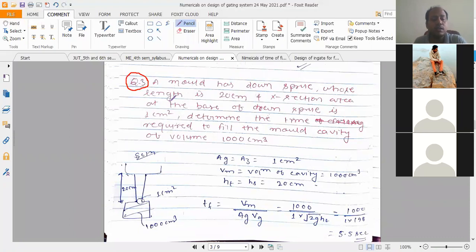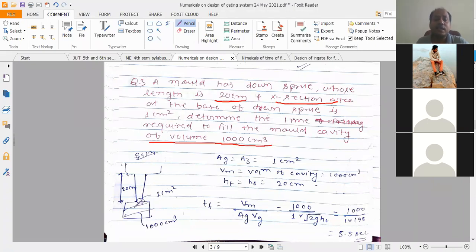So the third question is, a mold has a down sprue whose length is 20 centimeter. स्प्रू का हाइट दिया हुआ है 20 सेंटीमीटर का. The cross section area at the base of the down sprue is 1 centimeter square. स्प्रू के बेस का एरिया 1 सेंटीमीटर स्क्वायर है. डिटरमाइन द टाइम रिक्वायर्ड टू फिल द मोल्ड कैविटी of volume 1000 centimeter cube.